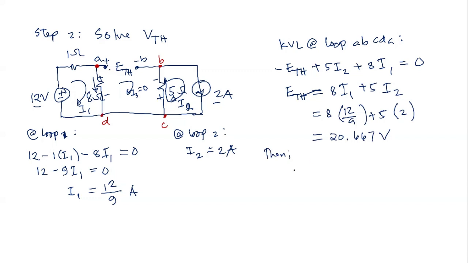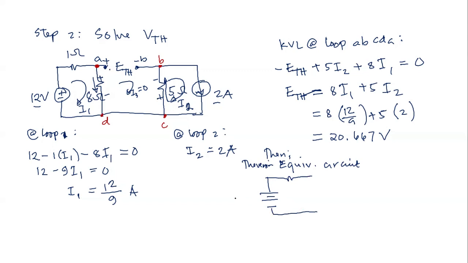Then, since we already have the values of RTH and VTH, we draw the equivalent Thevenin equivalent circuit. So we have the new voltage and new internal resistance.